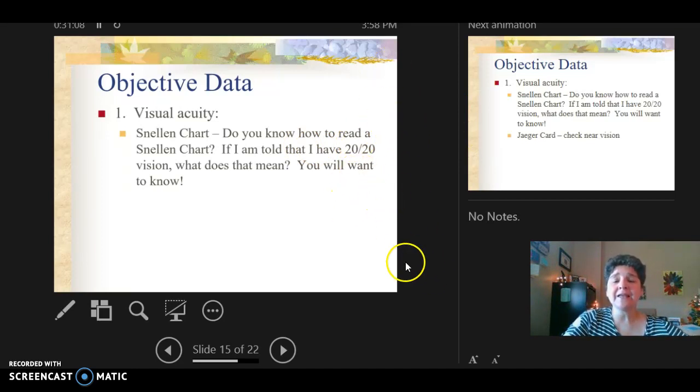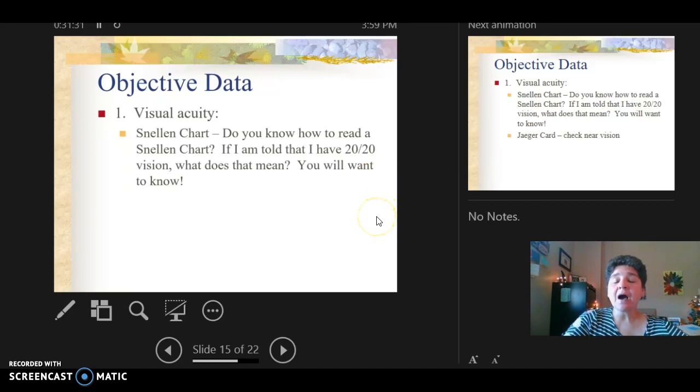If they have anything below 20/20, like 20/15, 20/13, 20/10, that means they're better than 20/20. So they're standing 20 feet away, and a person with normal vision would have to be 13 feet away to see that if their vision was 20/13.